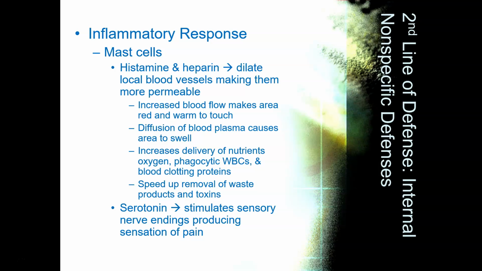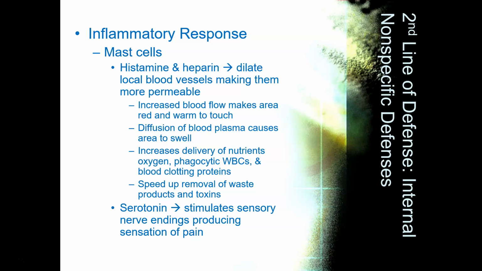So they get leaky. And so you're going to increase blood flow to the area, which is where that warmth and that redness is going to come from. You're going to get diffusion of blood plasma out of your blood vessels and into the surrounding tissue, which is going to cause the swelling. That increased swelling can also lead to some pressure, which may be perceived as pain.